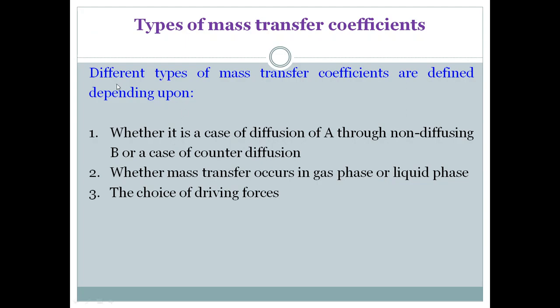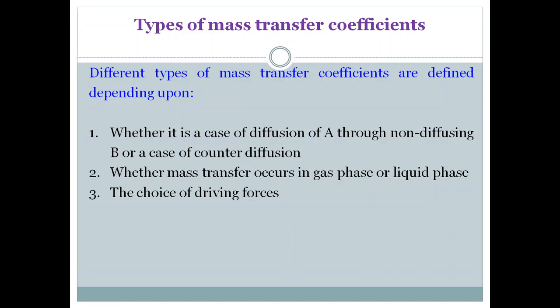Different types of mass transfer coefficient are defined depending on whether it is a case of diffusion of A through non-diffusing B or a case of counter diffusion. Okay. Whether mass transfer occurs in gas phase or liquid phase. Okay.